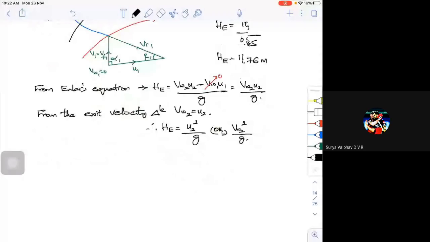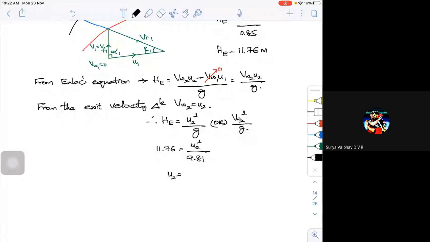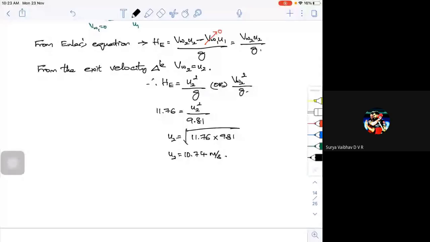Now I'll substitute this value. HE, which is 11.76, is equal to U2 square divided by 9.81. So with a little bit of cross multiplication, U2 is equal to the square root of 11.76 into 9.81. If I take the square root of it, I am getting my U2 as 10.74 meters per second. I got my U2.